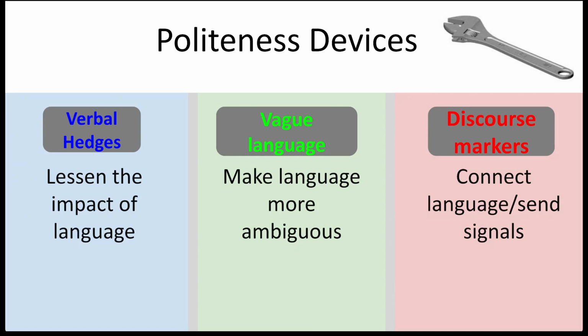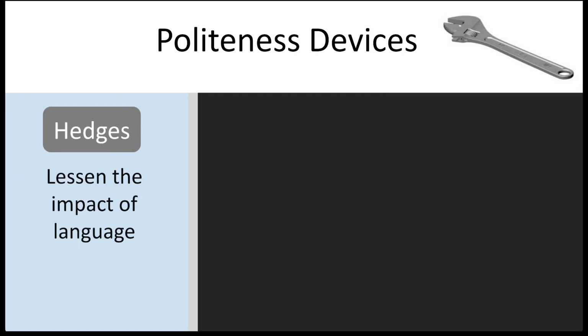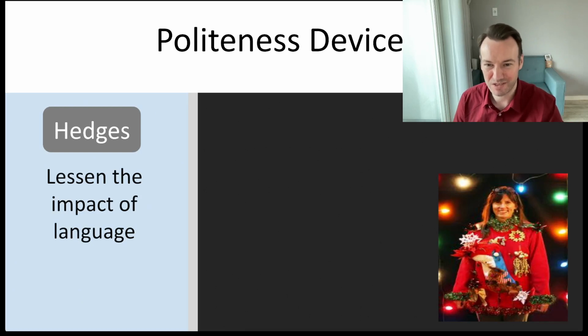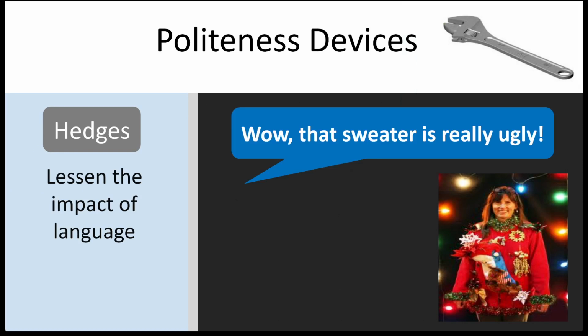So let's start with some examples of hedges. So hedges are lessening the impact of language. So if we have a look at this glorious Christmas sweater. So you may think, wow, that sweater is ugly. However, you would not say this to the person.